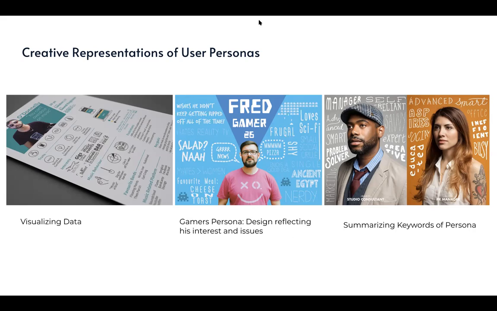The whole layout represents how gamers usually are. It represents the personality of the guy in the user persona. In the one on your right, you can see that this is a very short, very direct persona example. It just summarizes the keywords of the persona.